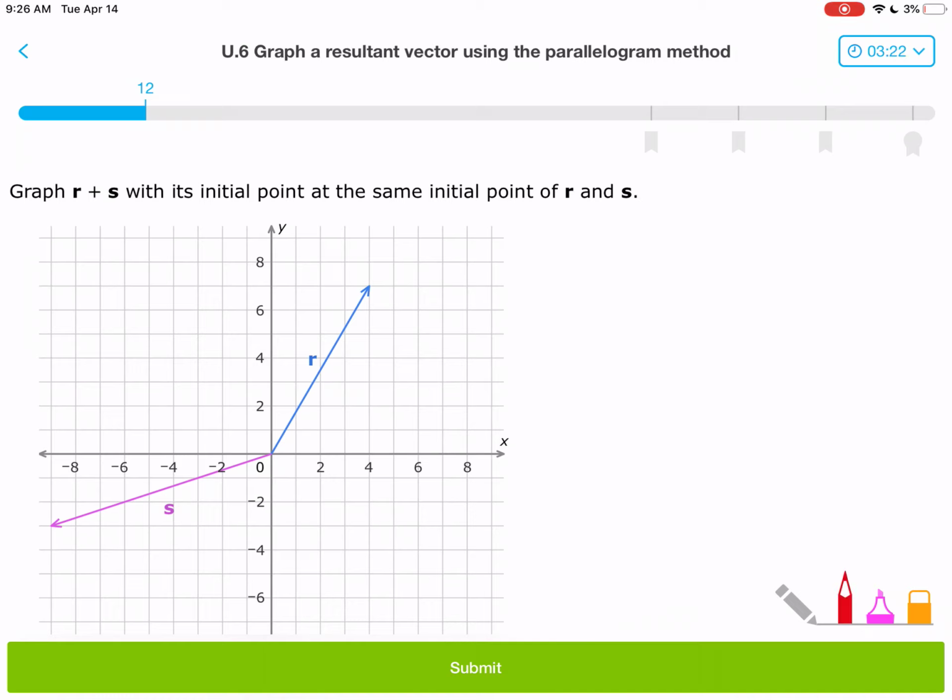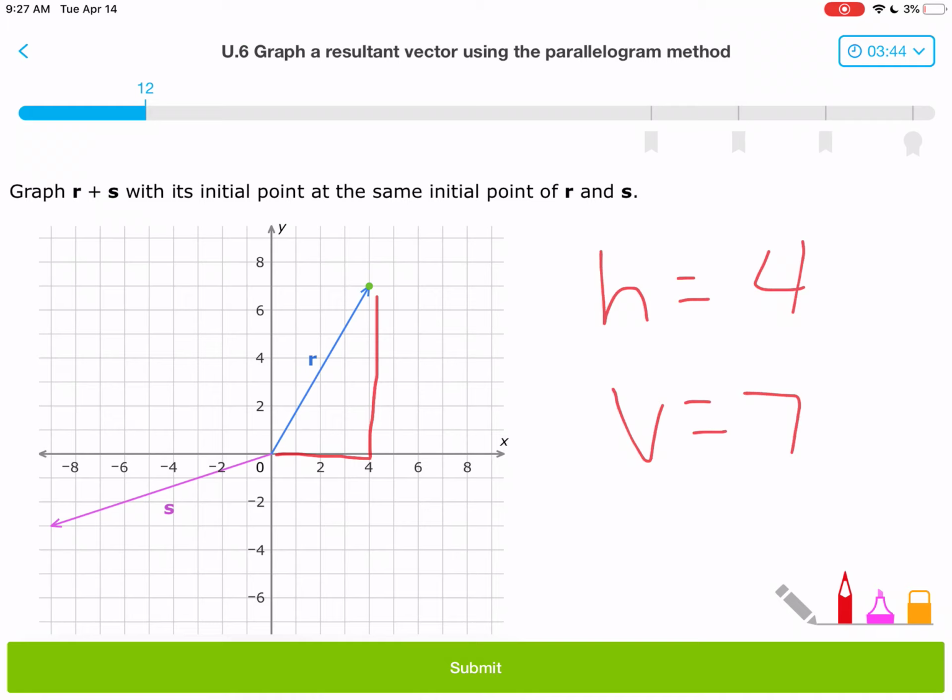And I need to see what is my horizontal change and what is my vertical change. So my horizontal change starting at the initial point of R is 1, 2, 3, 4. So I go to the right 4, and it's a vertical change of 1, 2, 3, 4, 5, 6, 7. So I go up 7.